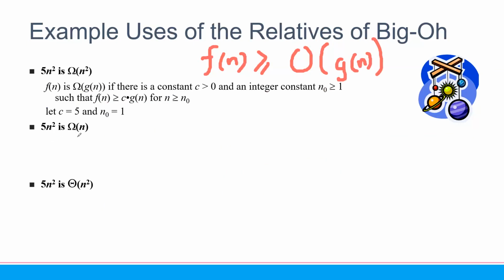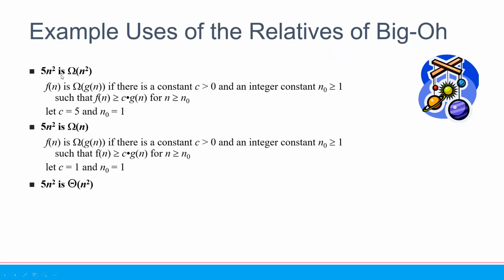In this case, if you look at this one, n² is greater than n, so big omega of n. Then this is true. There is a constant c. This is the same condition, and we have c equals 1 and n0 equals 1.